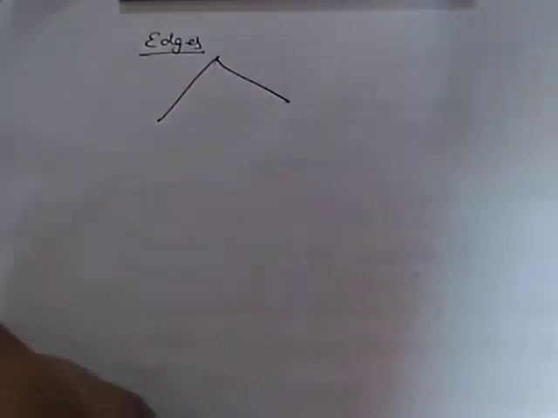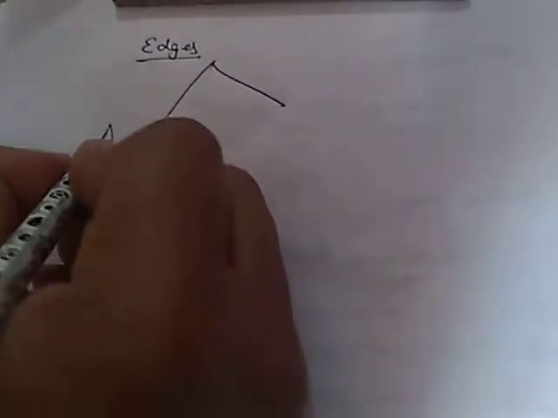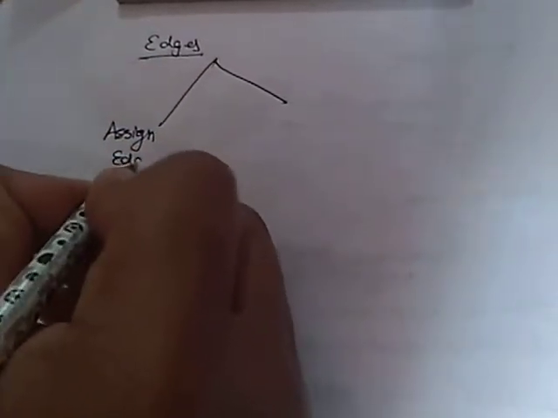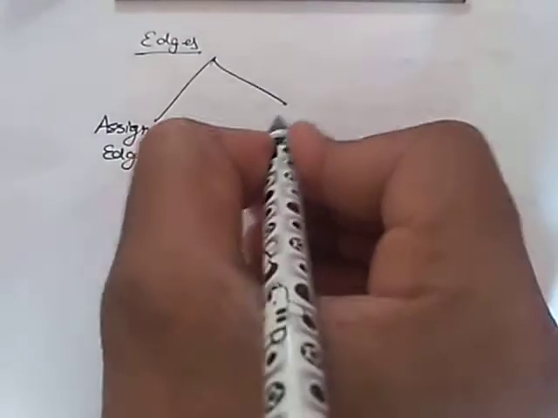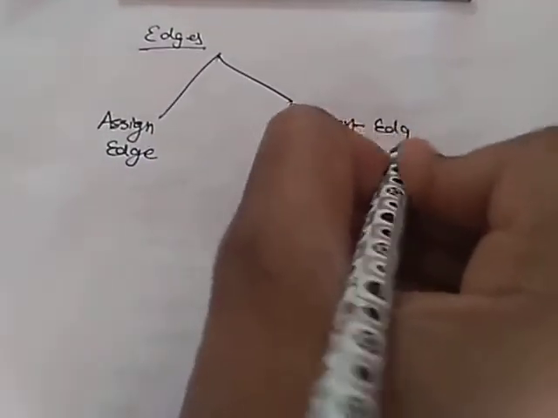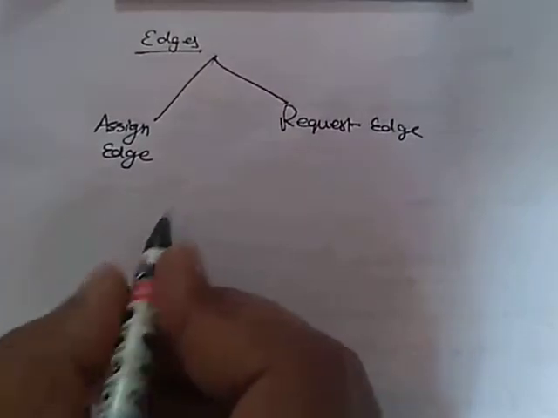Now in a resource allocation graph, the edges can be of two types. One is assign edge, and the another one is request edge.